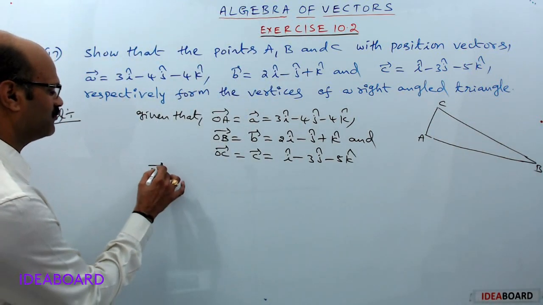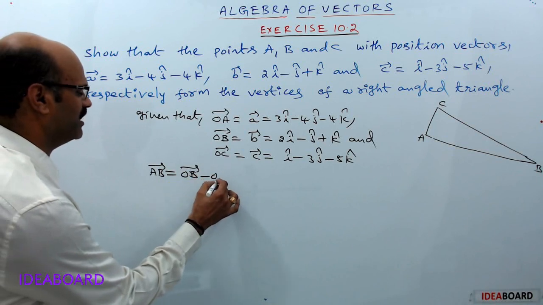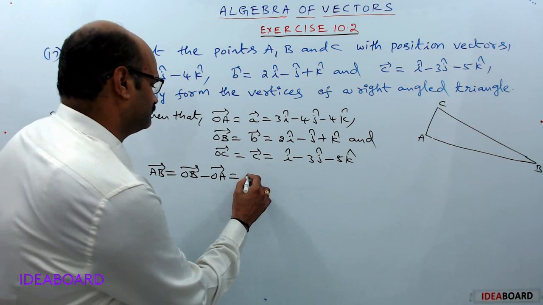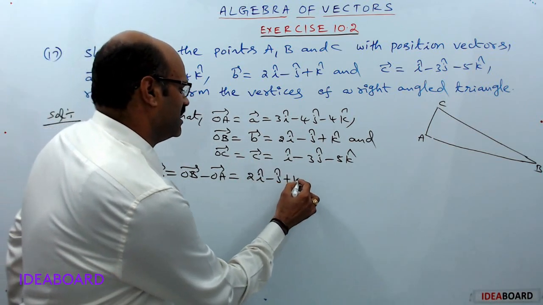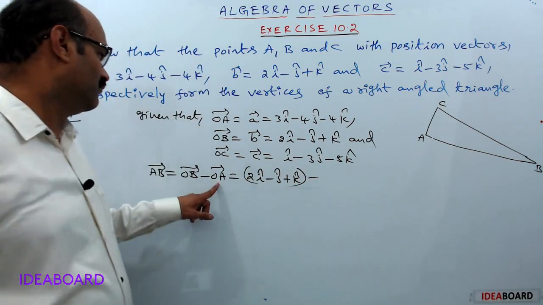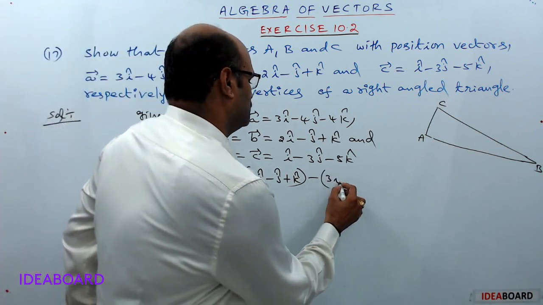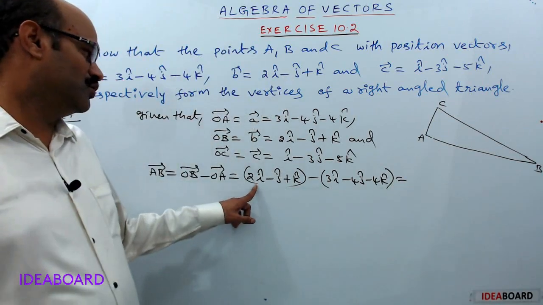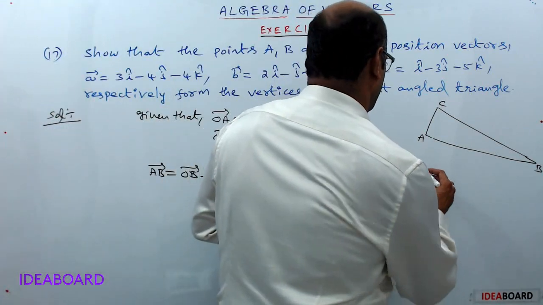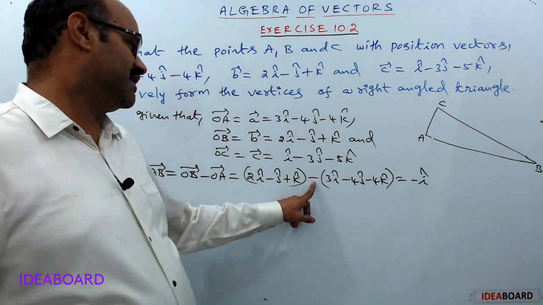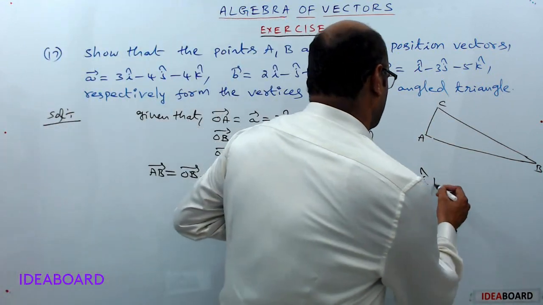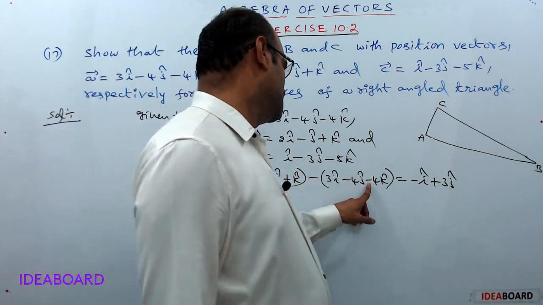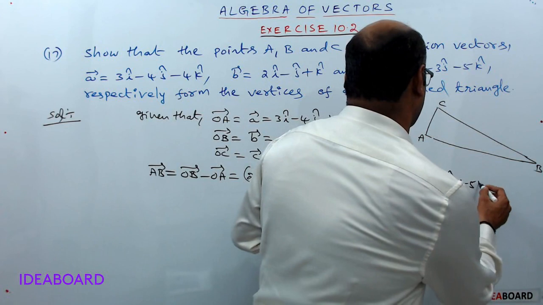AB vector is always equal to OB vector minus OA vector. Here OB vector equals 2i cap minus j cap plus k cap, minus OA vector equal to 3i cap minus 4j cap minus 4k cap, equal to 2i cap minus 3i cap, that is minus i cap, minus j cap plus 4j cap, that is plus 3j cap, plus k cap plus 4k cap, that is plus 5k cap.